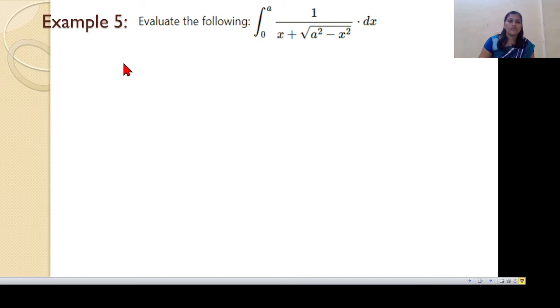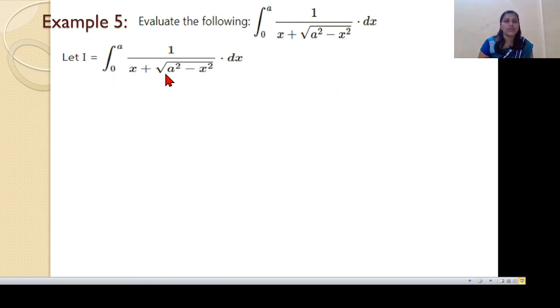So now we will move to our next example, example 5. This example is: evaluate the integral 0 to a of 1 upon x plus root of a square minus x square dx. So let I is equal to this given integral.